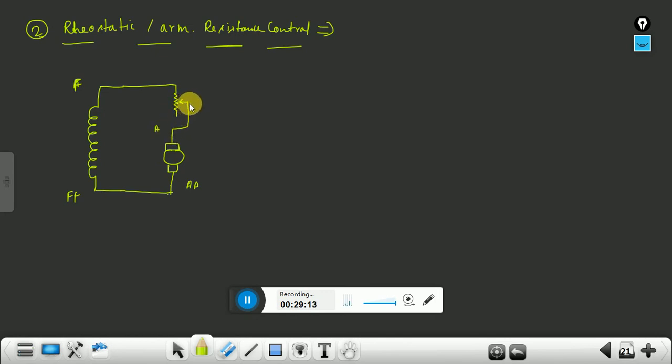So the second terminal of the armature connects to this F. Okay, and apply voltage here. And this is your EB. So in this case, when we increase or decrease the value of resistance, the voltage drop across this rheostat increases and decreases depending on the position of the jockey.